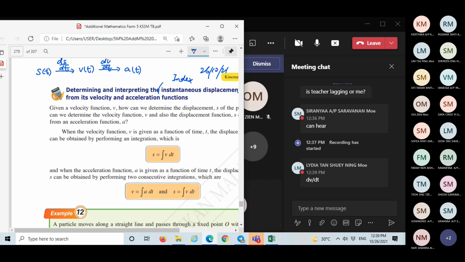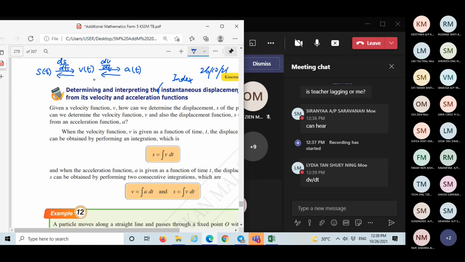Now, the previous lesson is from the A, the acceleration.